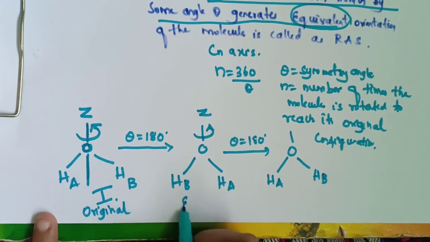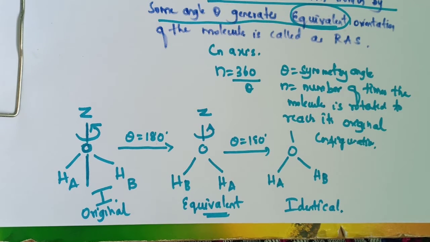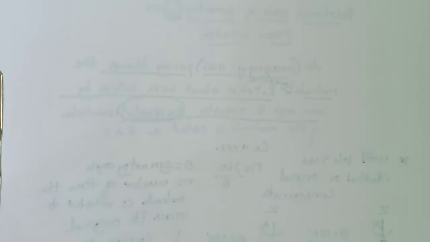It is equivalent, indistinguishable, and identical. We already know the differences between original, equivalent and identical configurations from our previous video. If you did not watch it, please watch that video.